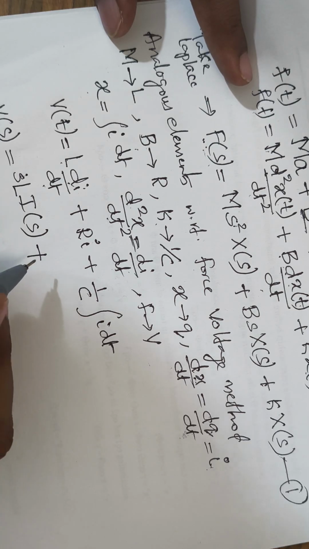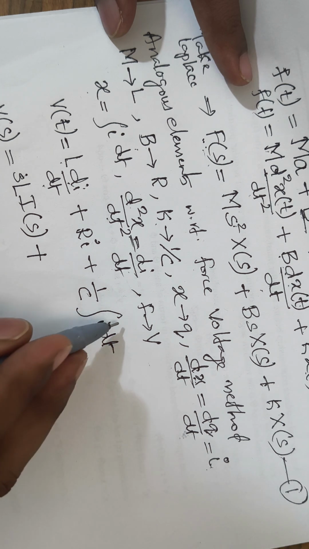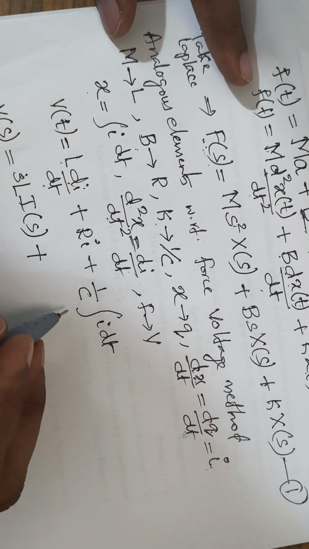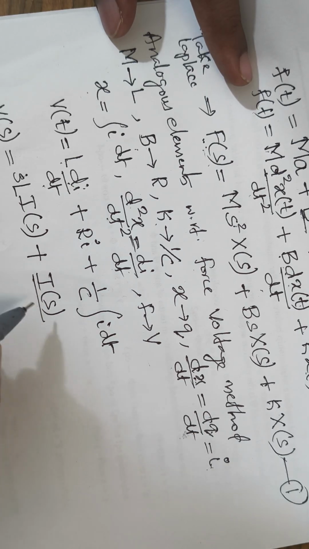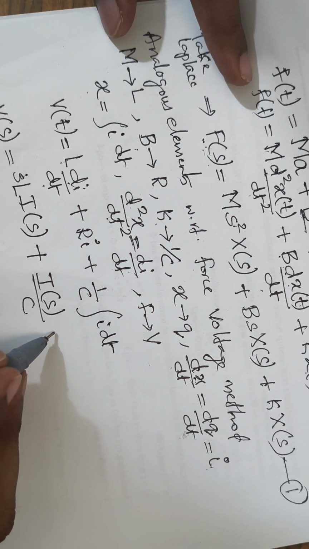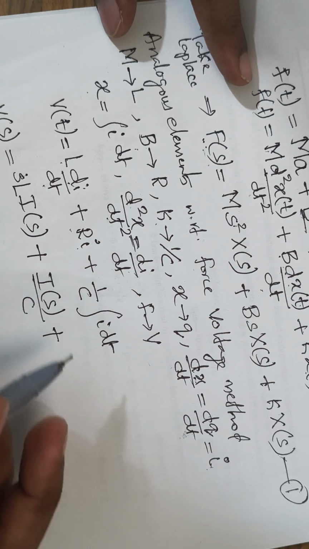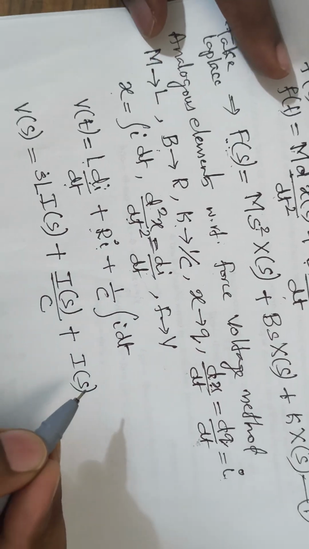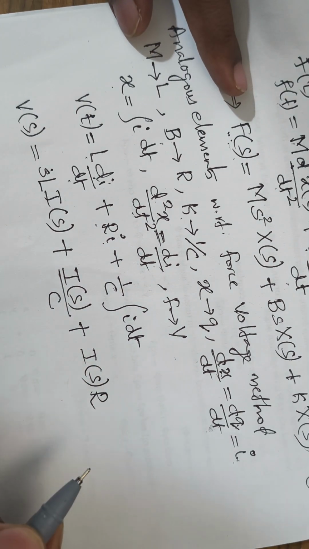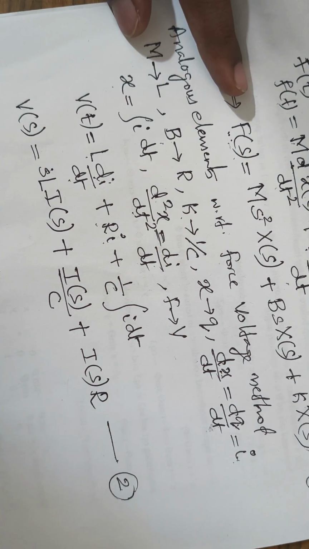Then plus, next you have the capacitor. So here integration I dt is nothing but I of s divided by C. Then plus R into I, which is I of s into R. You take this as equation 2.